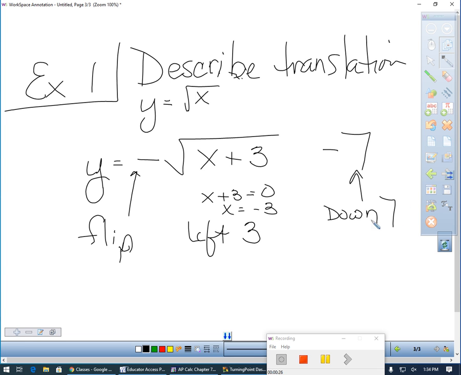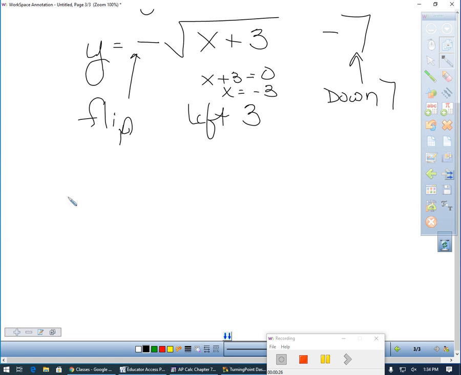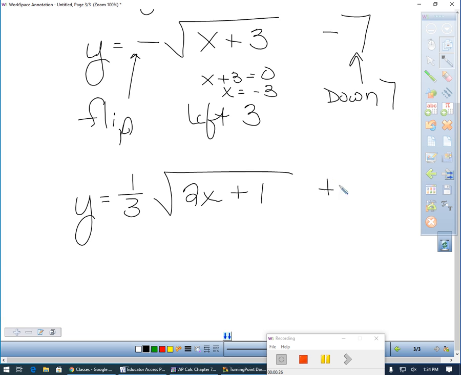Hopefully this is now sounding more familiar. All right. So I want to do one more. What if I gave you y equals 1/3 the square root of 2x plus 1 plus 5? This a in front is going to tell me that I am compressed 1/3.